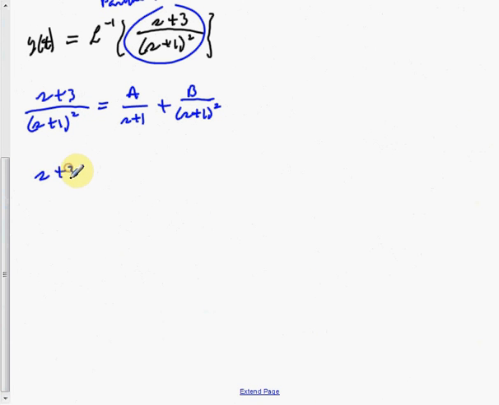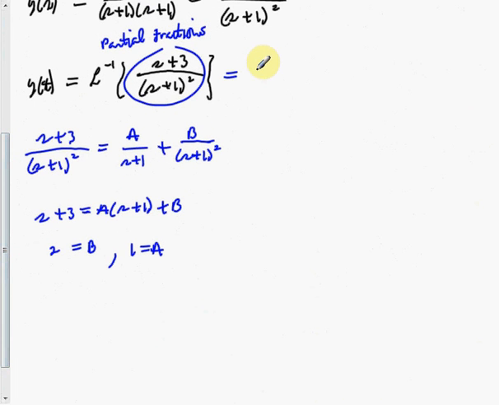That gives me s plus 3 is equal to A times s plus 1 plus B. Let s equal negative 1, so that gives us 2 is equal to B. And then notice here that this is 1s, this is As, right? So I get 1 is equal to A.